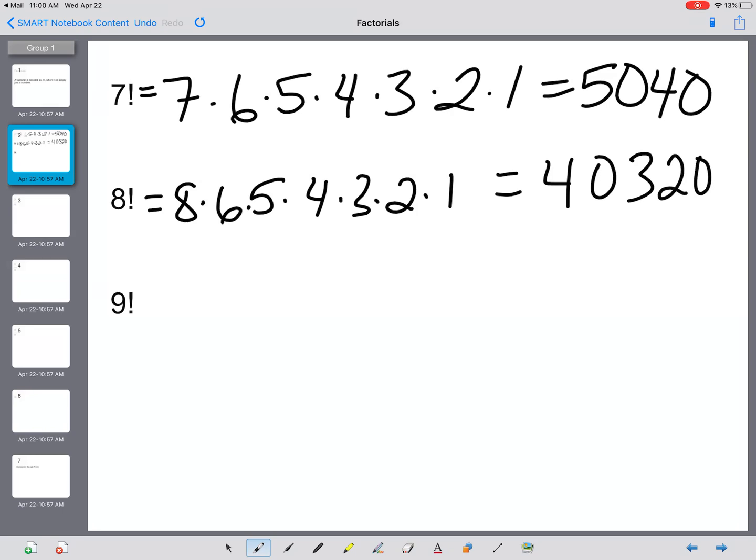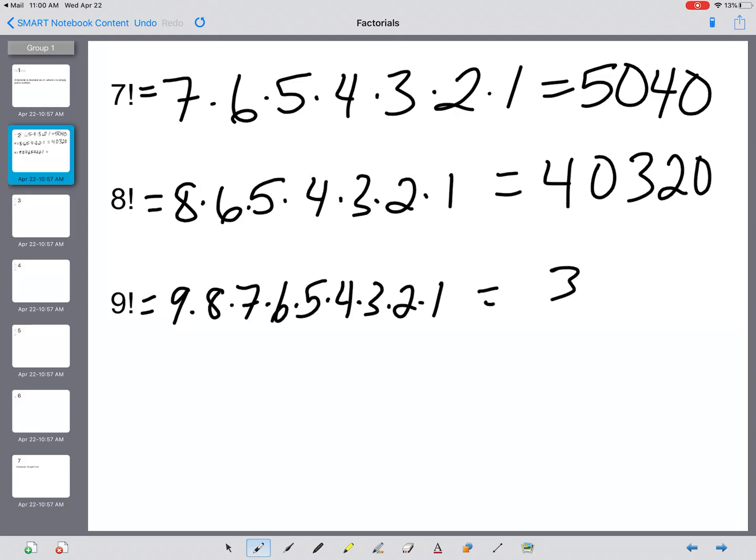And now 9 factorial is 9 times 8 times 7 times 6 times 5 times 4 times 3 times 2 times 1. Again, I multiply those out, and I get 362,880.